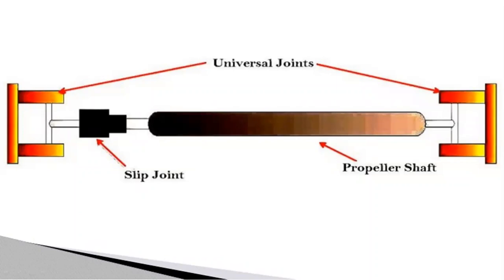These two joints are universal joints, and a slip joint is also used. Whenever the length of the shaft is increased on the automobile vehicle, the slip joint is used.